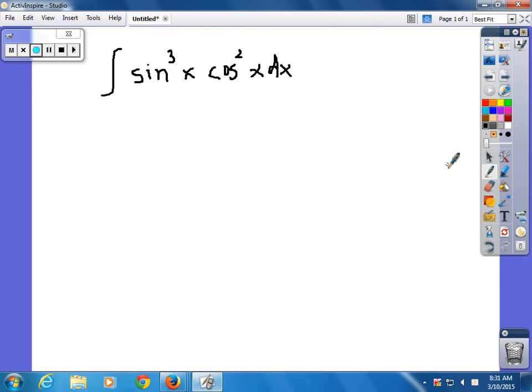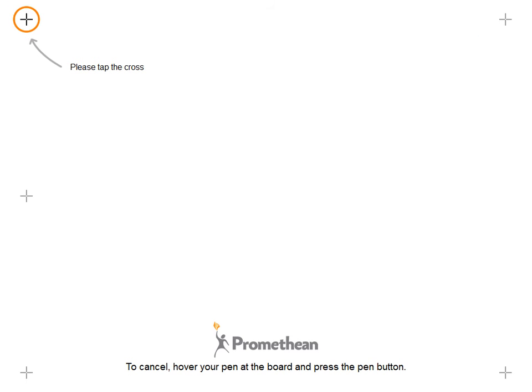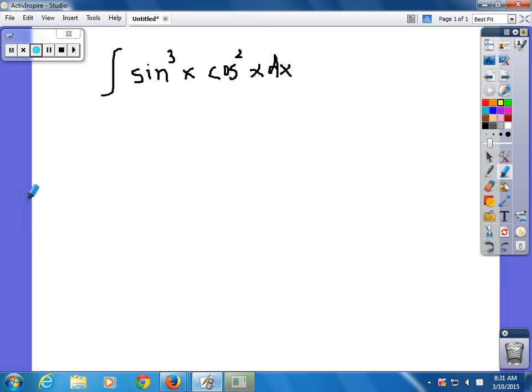And yes, you will use trig identities. I would rewrite the problem first. Maybe something like this.